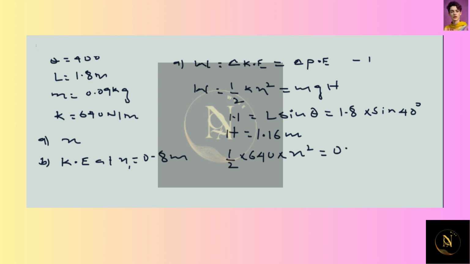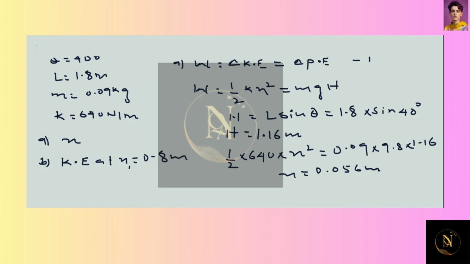M is 0.09 multiply by g is 9.8 multiply by height is 1.16, and solving for x, we have x is equal to 0.056 meters.